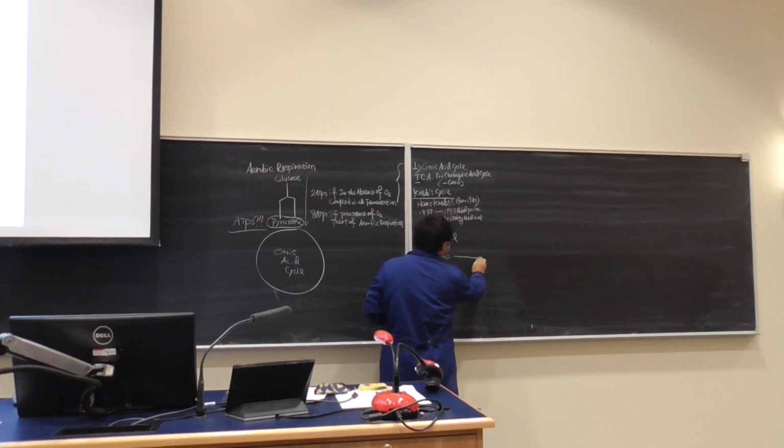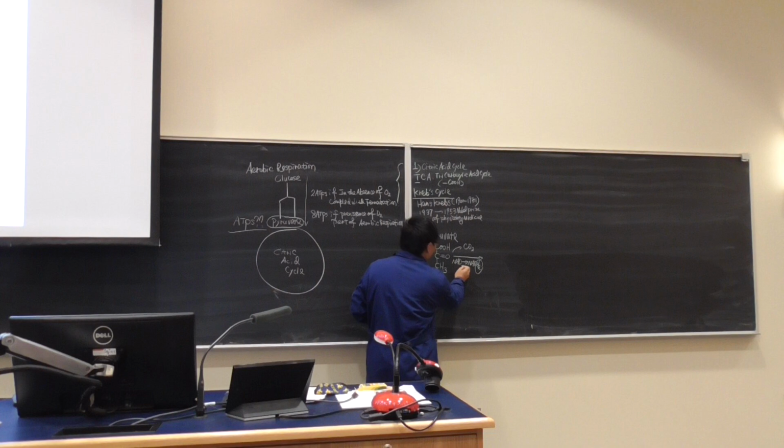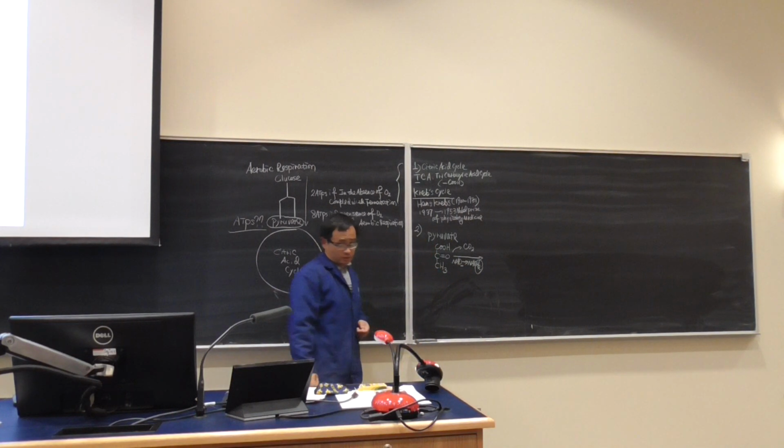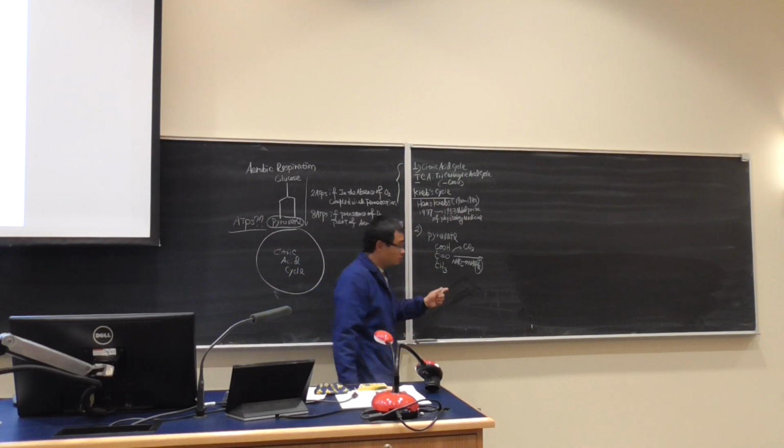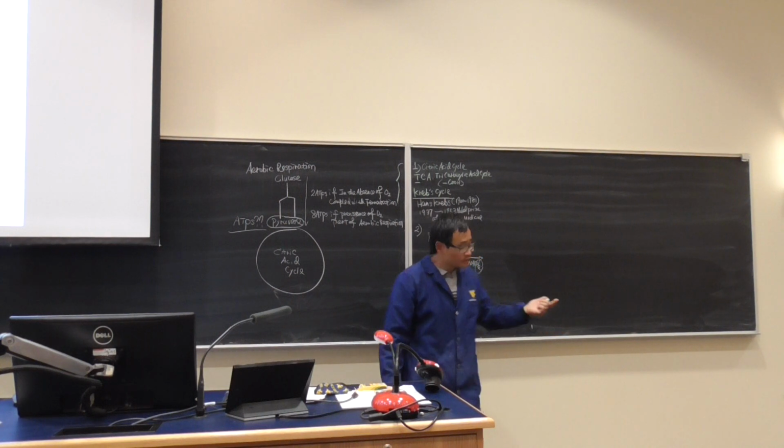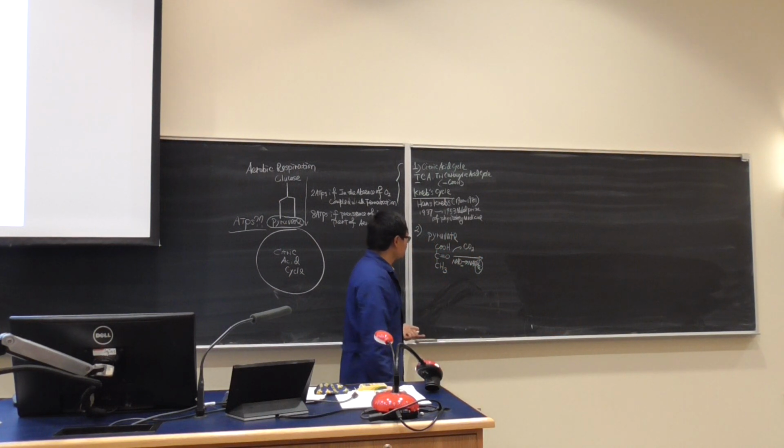Pyruvate goes through the so-called transition step. It's going to lose carbon dioxide, and it will also be coupled with NAD reduced to NADH2. Remember, this H2 added to NAD is adding electrons. The proton at this moment functions as an electron, so NADH is generated.